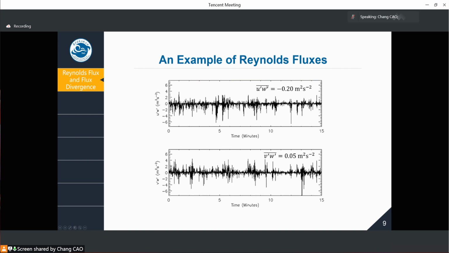Please remember that we add a bar here, which means that this is an average. And for V prime and W prime, there is also a bar here, which means it's the average for the whole 15 minutes. Okay, so can you understand this?